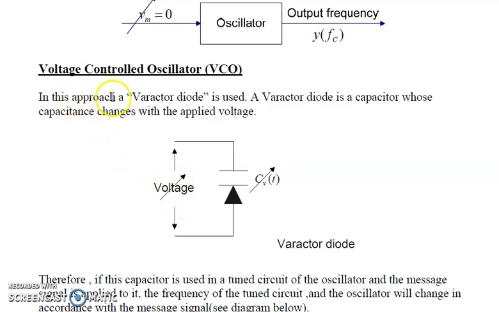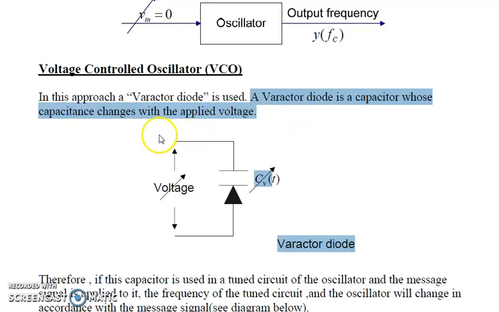So in this approach, this is a varactor diode. And what is a varactor diode? A varactor diode is a capacitor whose capacitance changes with the applied voltage. Actually, it is a diode, a PN junction, but in this PN junction the capacitance generated between P-type and N-type is varied according to the applied voltage.